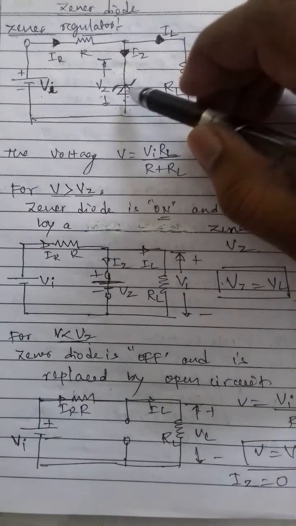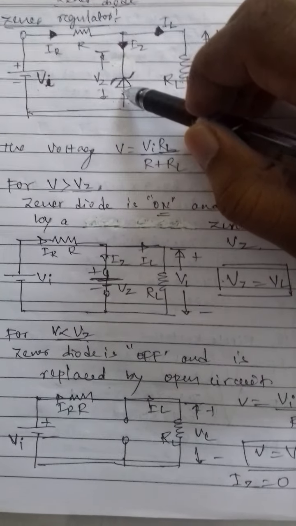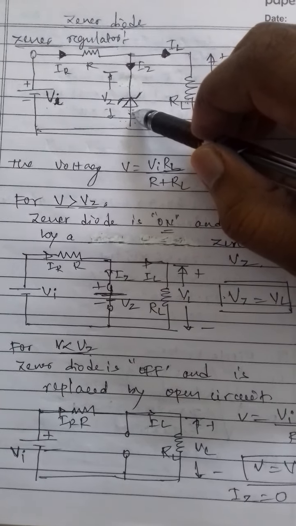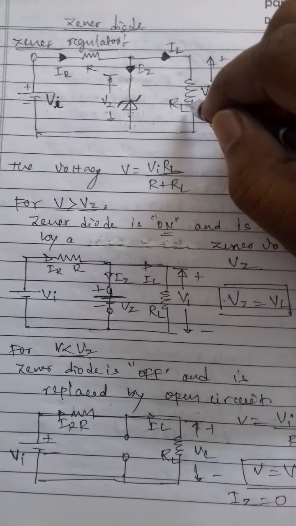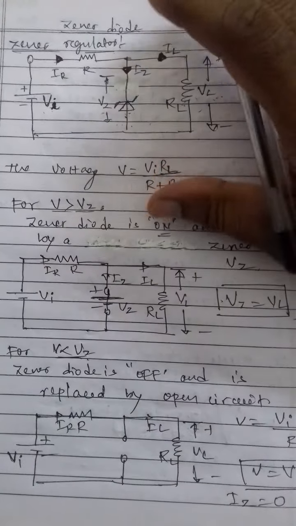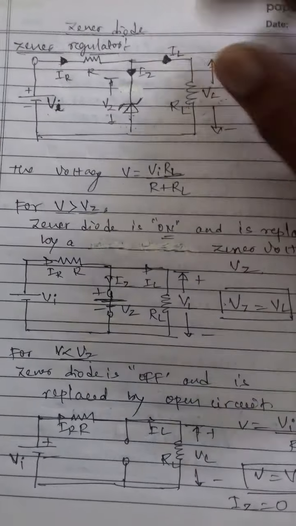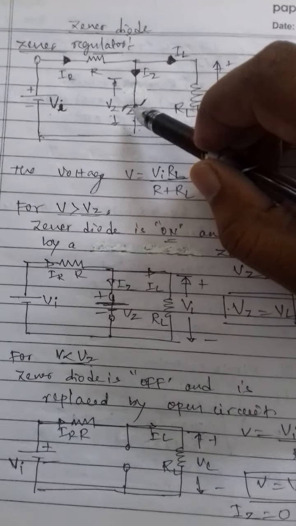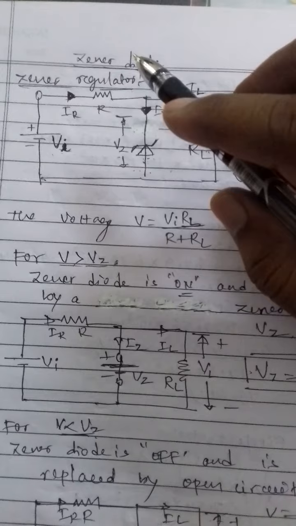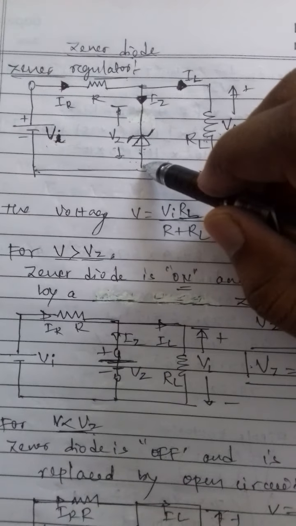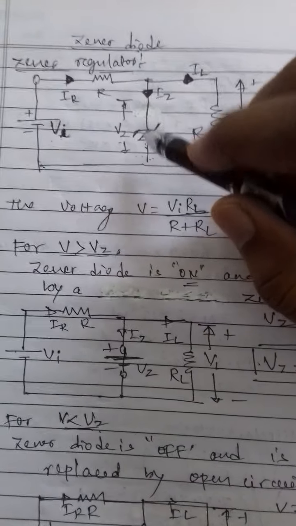That's why this diode is most commonly used in regulators to supply a constant voltage to the load. That is one of the basic applications of Zener diodes: that it is used in regulators.